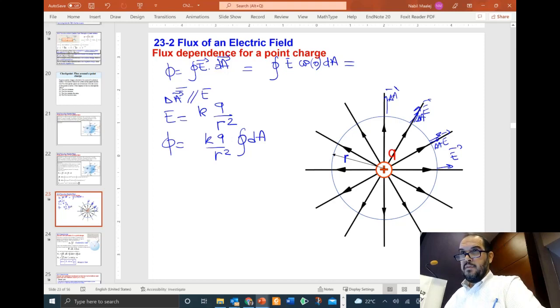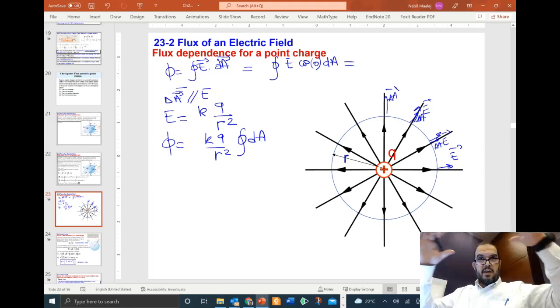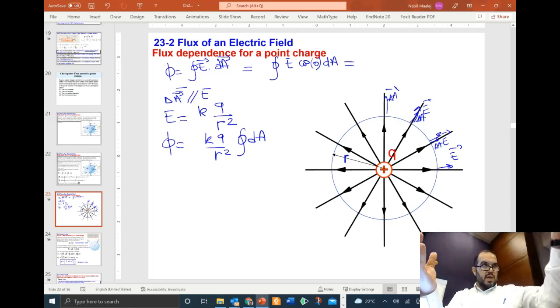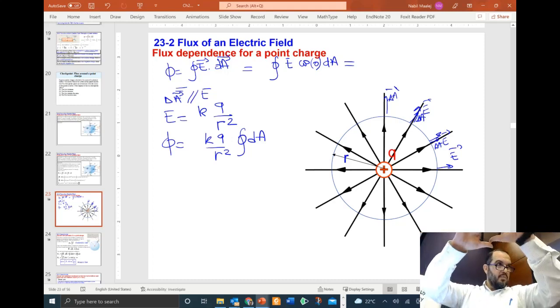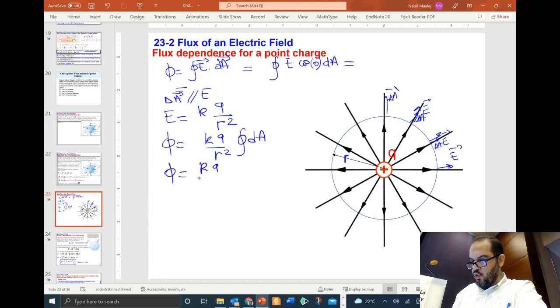What is this integral? It's the integral over the whole sphere of each of the elements dA, so you end up with the area of the whole sphere. What's the area of a sphere? 4 pi r squared. So the flux is kq divided by r squared times 4 pi r squared.